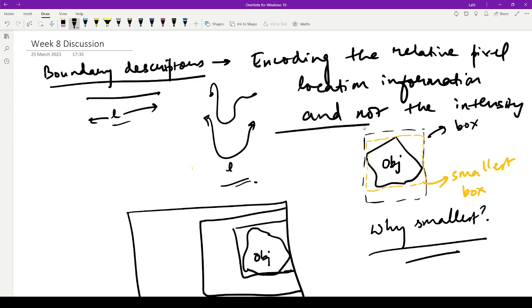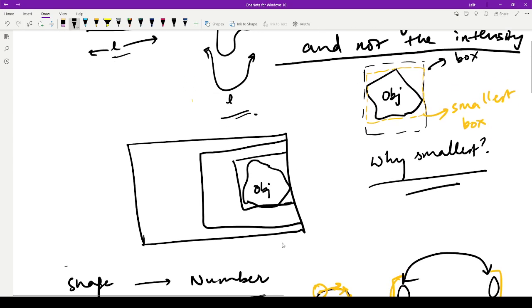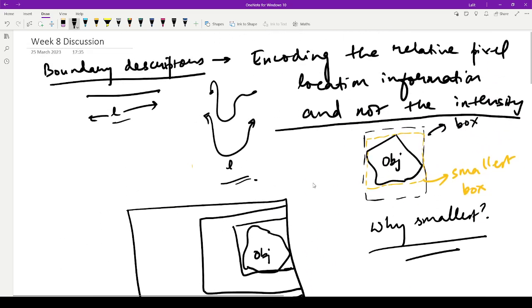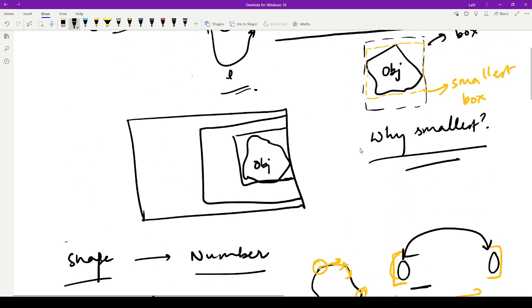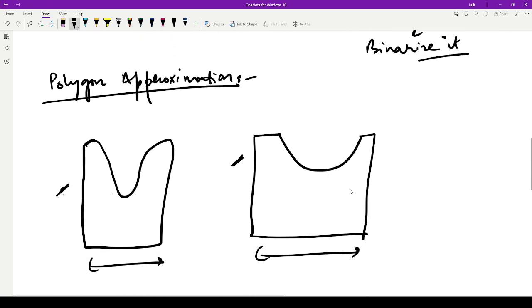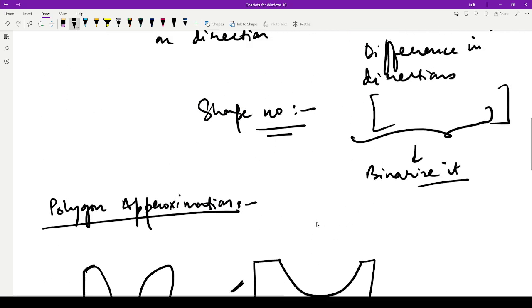You might detect boundaries using intensity, but when you try to describe it, you just describe it based on the size of the object or the curvature of the object. So you don't use any intensity information of that object boundary, but you're just trying to encode the relative pixel location information. Why am I saying relative? Because for different cases it turns out to be pretty different.